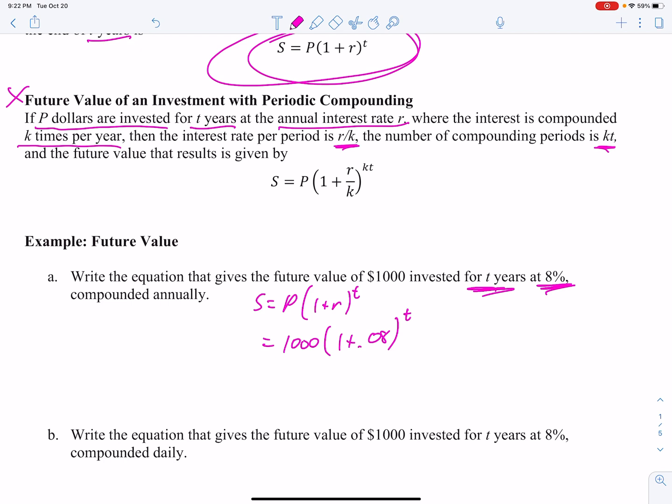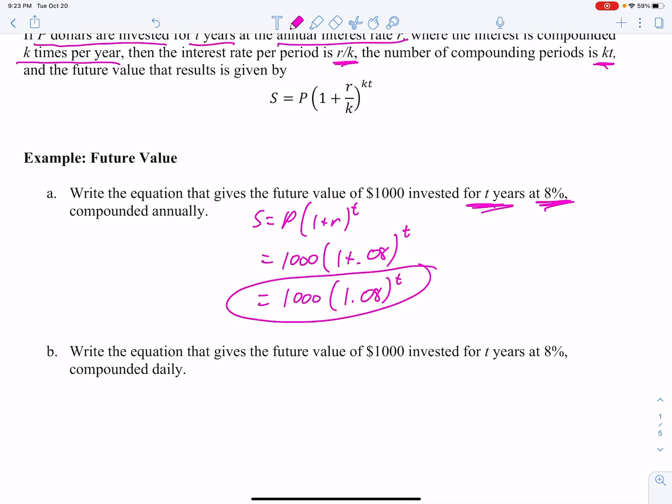Then we'll follow PEMDAS. The only thing we can do here is add inside the parentheses. So the final answer here is 1,000 times 1.08 to the T power. Now if they said, find the future value after 10 years, you would plug a 10 in for T and make your calculation.